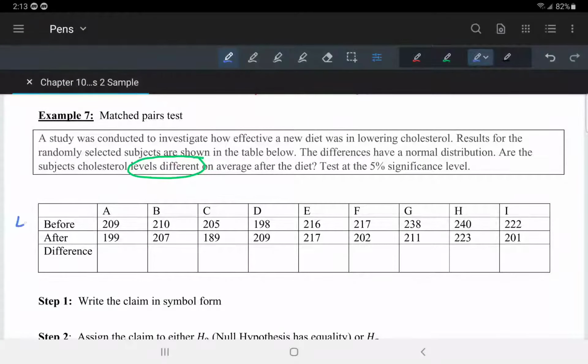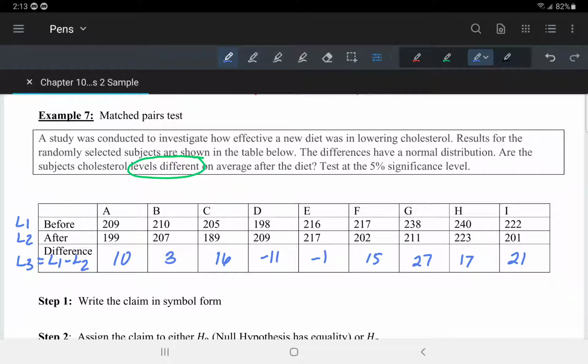Let's put this data in L1, and this data in L2. Now we could create the third column L3, which is the difference L1 minus L2. So our data set is what we actually come up with calculating here that we will use. The differences are 10, 3, 16, minus 11, minus 1, 15, 27, 17, and 21.